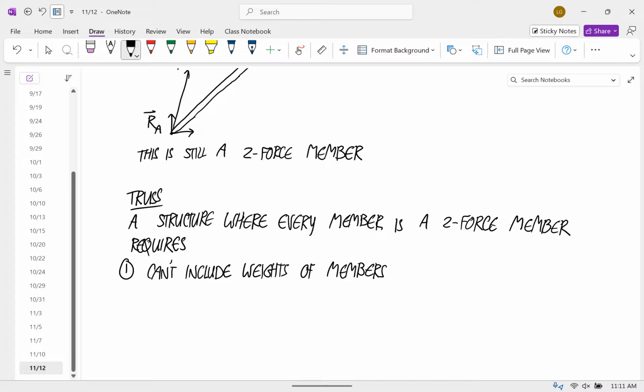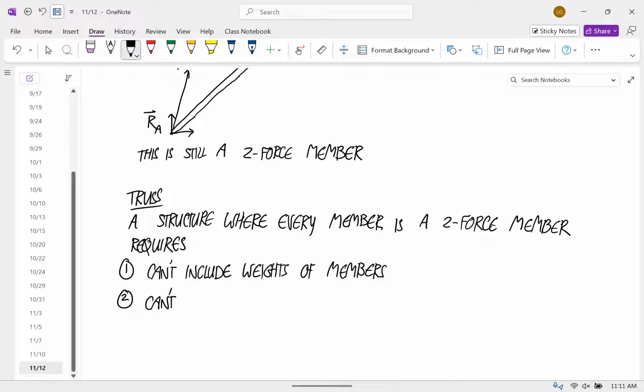Because if you have a member that has a pin at one end and a pin at the other end, and then you have its weight acting at the center between them, then that's not a two-force member anymore. And the second thing is you can't have any forces that aren't acting at the joints.